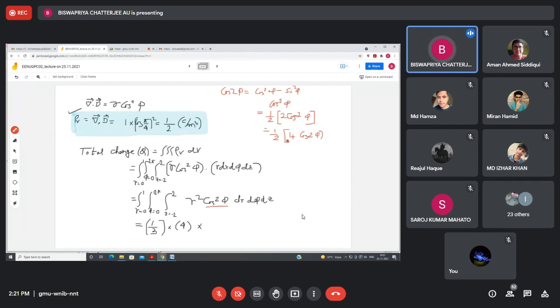Now let me write it down, from phi 0 to 2 pi, cos square phi is half of 1 plus cos 2 phi, d phi. Outside, 1 half will come.